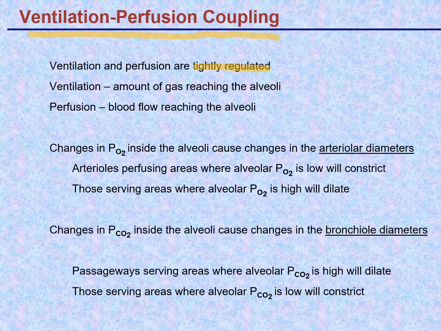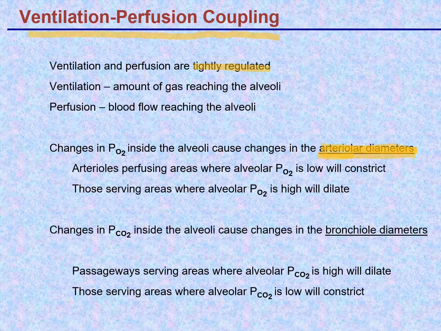The changes in the partial pressure of oxygen inside the alveoli will cause a change in arteriolar diameter. So the arterioles, just before the capillaries surrounding the alveoli, can change in their diameter.